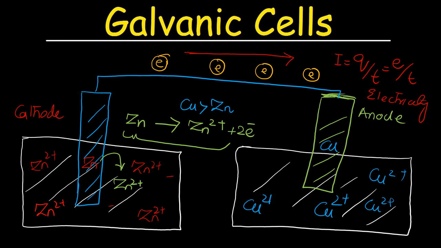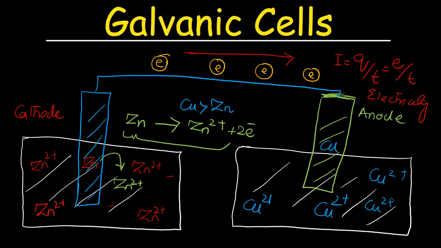Please keep in mind that ions are not stable on the metal plate. They are soluble in solution. So the zinc ion will be transferred into zinc sulfate solution. The zinc ion from the metal will jump from the zinc metal into the zinc sulfate solution.